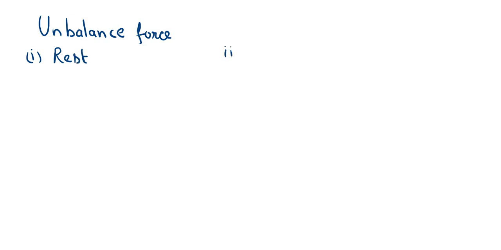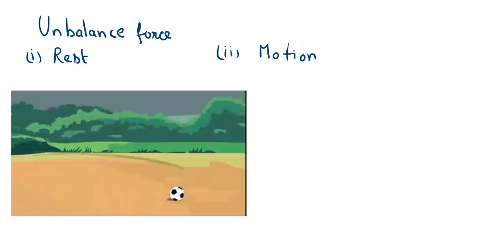Now, let us learn what an unbalanced force can do. Again, we know there are two states of an object. First is rest and second is motion. So we are going to see what an unbalanced force can do. Now, consider the same example.